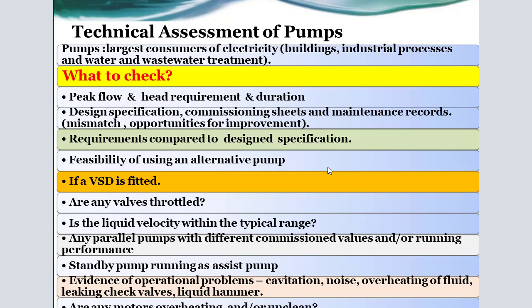So the energy auditor must focus on checking the peak flow and the head requirement from the pump, and the duration of this peak flow, and also review the design specification of the pump, the commissioning sheets and maintenance records, and check if there is any mismatch between the current working state and the standards of the pumps.